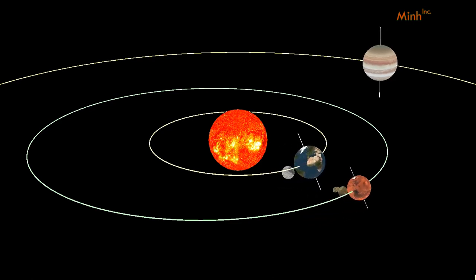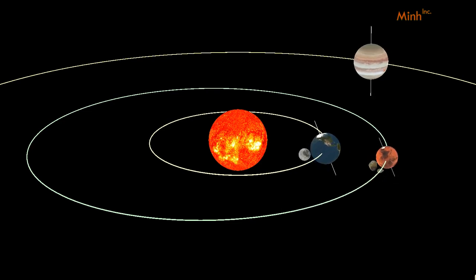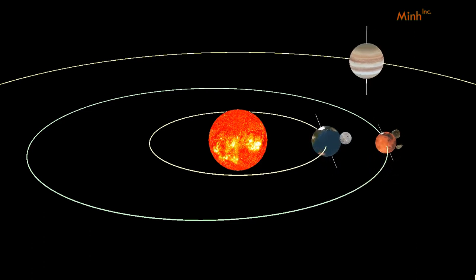Okay, so this is the situation where Earth and Mars are at minimum distance. If they are at minimum distance, then certainly Mars would look biggest.